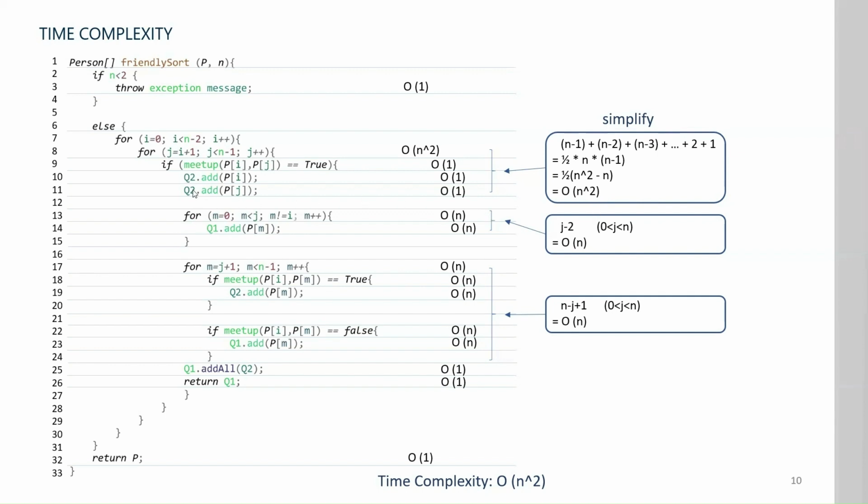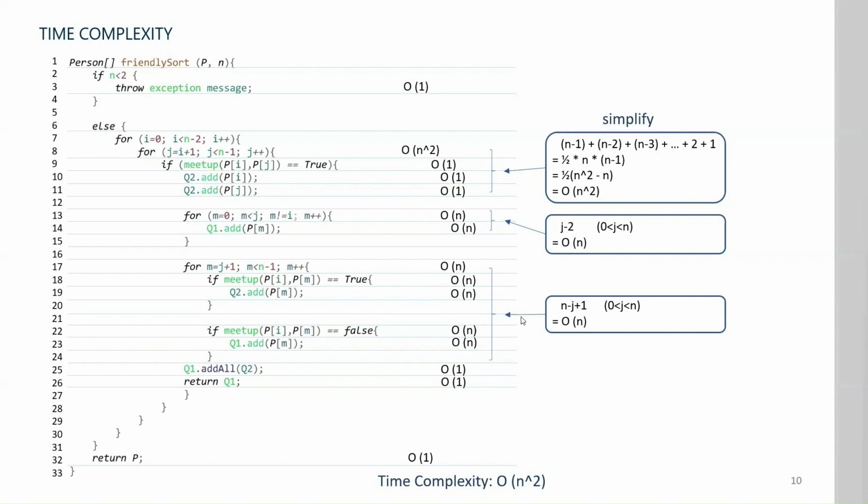Once this condition returns true, lines 9 to 11 are all constant, O(1). Then this for loop, line 13 to 15, iterates j minus 2 times. j is an integer between 0 and n, so we'll simplify it to O(n).